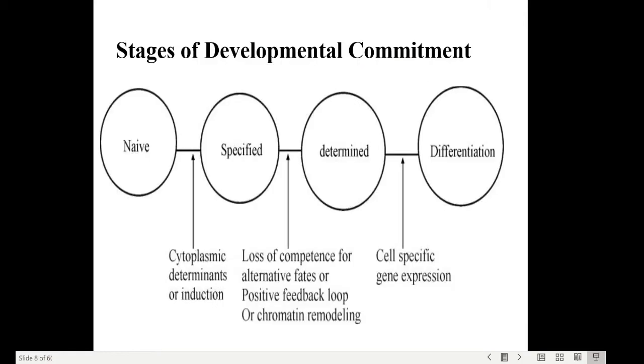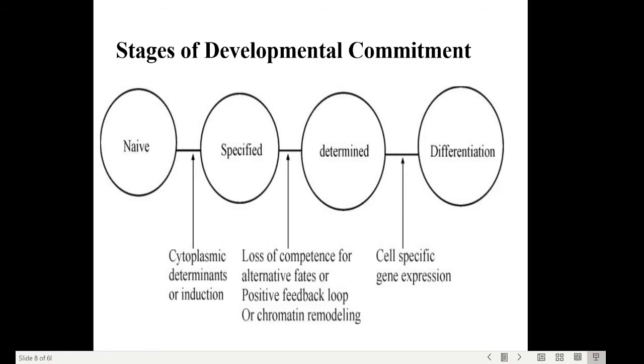Okay. After understanding the specification and the developmental process, first we want to understand what commitment is. Commitment in developmental biology means that the cell is committed to produce some tissues. It has 4 different stages. Naive stage, then after the cytoplasmic determinant, that is called the specified stage.